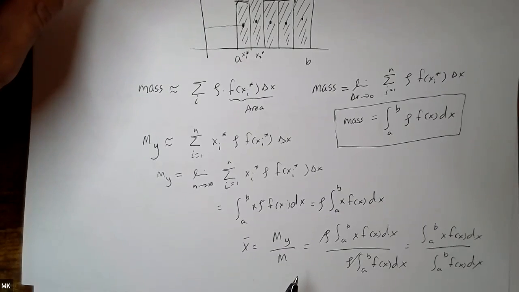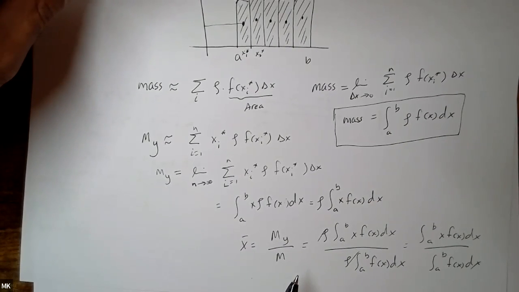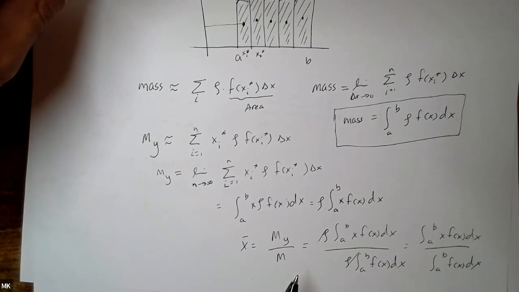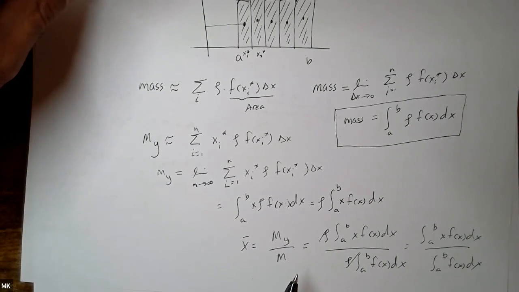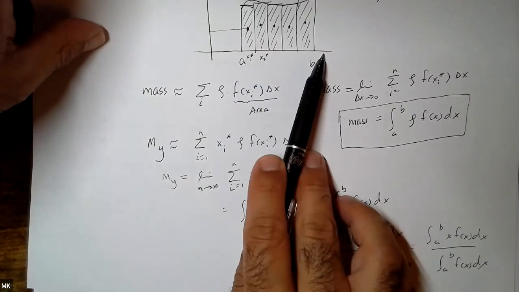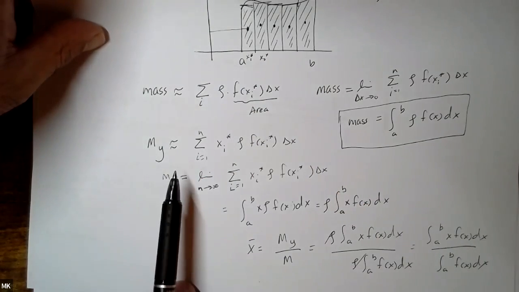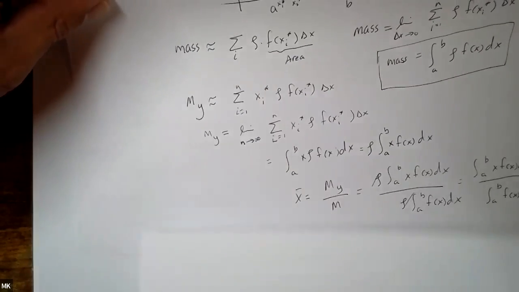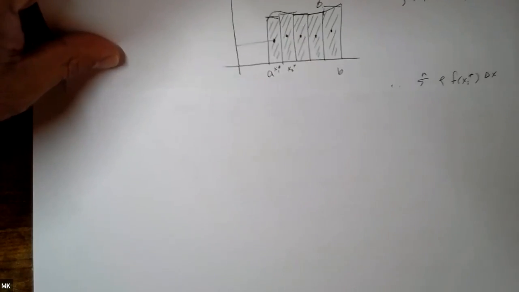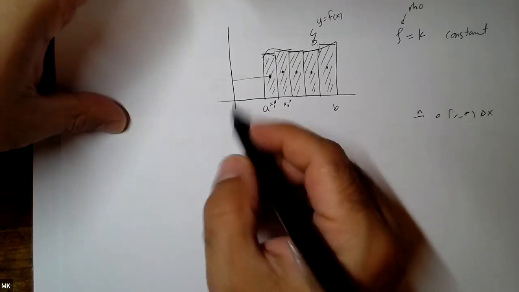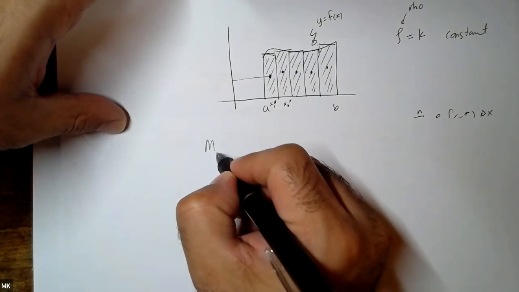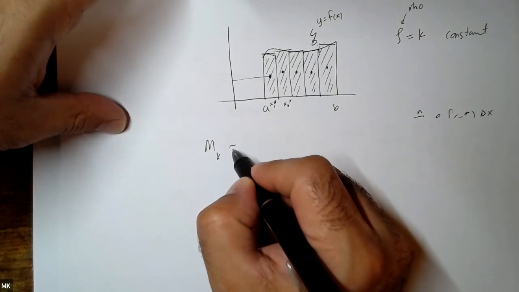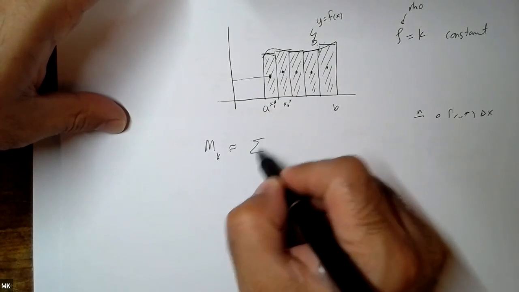Now, for y bar, I need to find the distance of each of those with respect to the x-axis, multiplying and so forth. And if you remember, I put the masses halfway in between. So for y bar, I need Mx. And Mx would be approximately the sum, i equal to 1 to n.